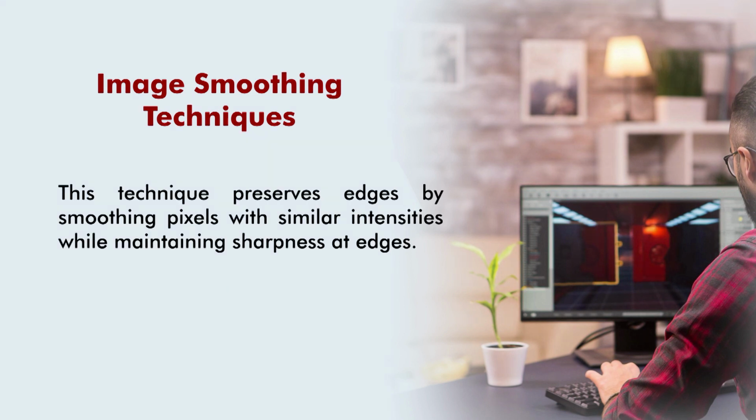This technique preserves edges by smoothing pixels with similar intensities, while maintaining sharpness at edges. So here is an example of bilateral filtering applied to an image. For that, insert the original image and the bilaterally filtered image side by side.